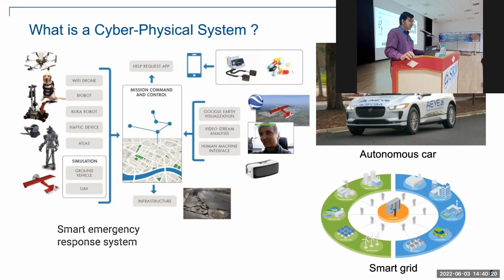Similar to that, there are autonomous cars. Some of the key features of cyber physical systems are that, given a particular situation, they are able to adapt, act autonomously, as well as collaborate in order to achieve a particular goal.